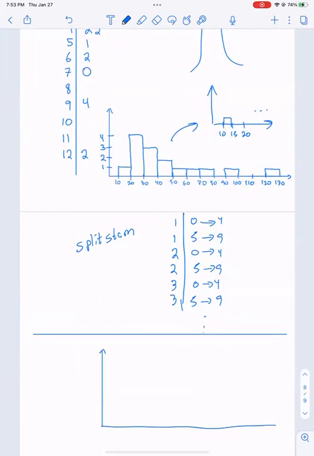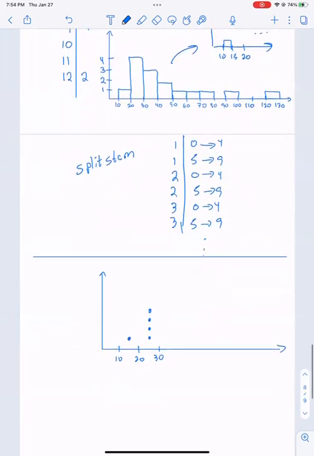I would say 10 to 20 has one dot, and 20 to 30, Professor, can you scroll down real quick? It's not visible. 30 to 40 would have four dots, and 40 to 50 would have, or did I do that wrong? No, I did it wrong. 20 to 30 has three dots, right?